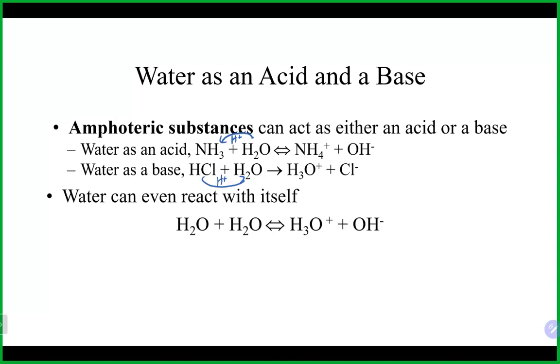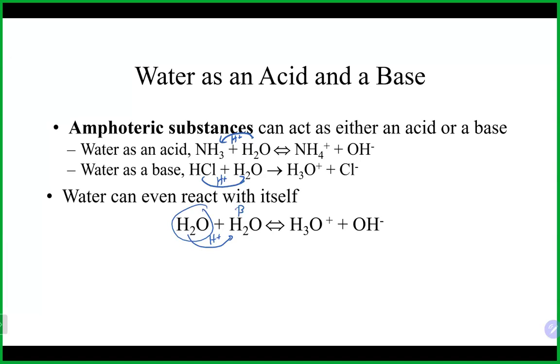As I mentioned before, water can even act with itself. It's sometimes referred to as the autoionization of water. One water is the acid and one water is the base. So in this case, that would be my acid. That would be my base. And it will produce H3O plus and OH minus.